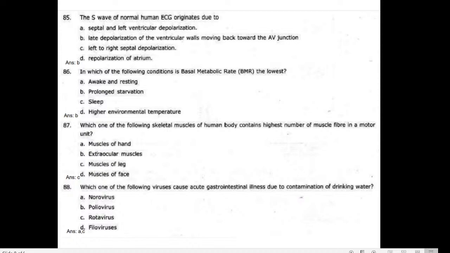BMR is calculated from the number of calories required. When you are in a continuous working condition, you are utilizing more energy. This energy is calculated in prolonged starvation.